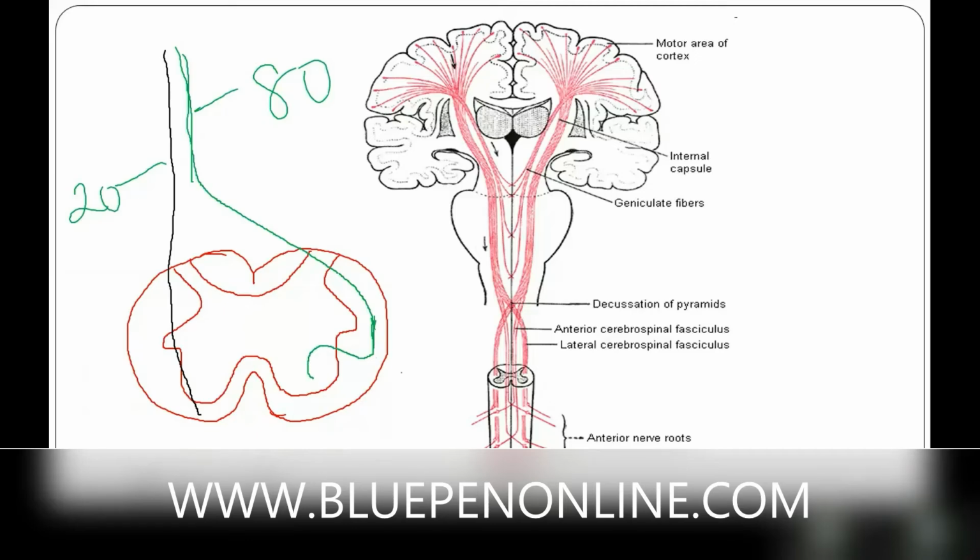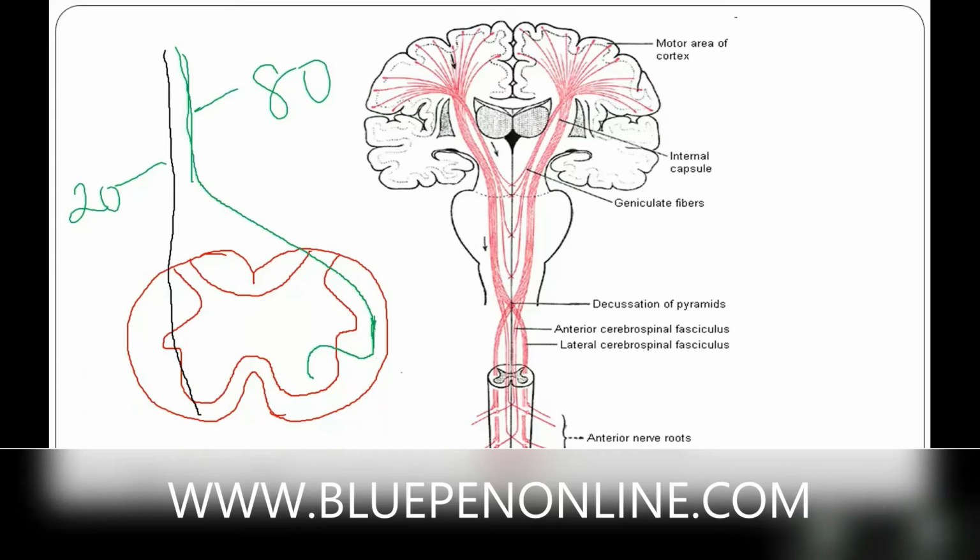They'll end in the anterior horn of the spinal cord. In which segment it is going to end? Whichever limb it is controlling, the lateral corticospinal tract will end in the anterior horn of that side. Did you get it? Yeah.